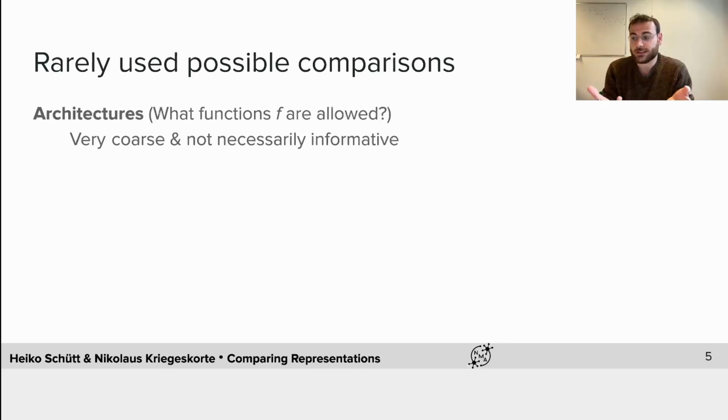And additionally, it is by all standards a very coarse distinction, right? If you just know it is a transformer or it is a convolutional neural network, that tells you very little about what the neural network is actually doing. And if you train on different tasks or different outputs, you might also, for the same architecture, get very different representations and very different behavior of the neural network. So that doesn't work too well.